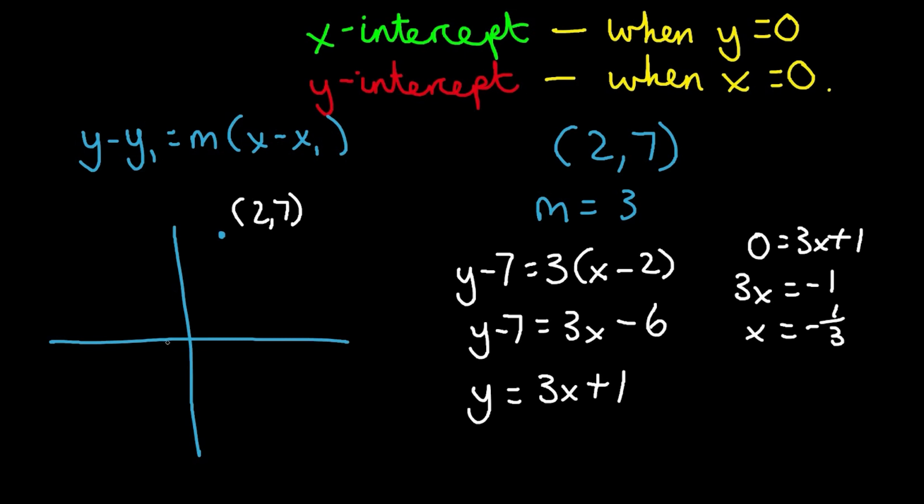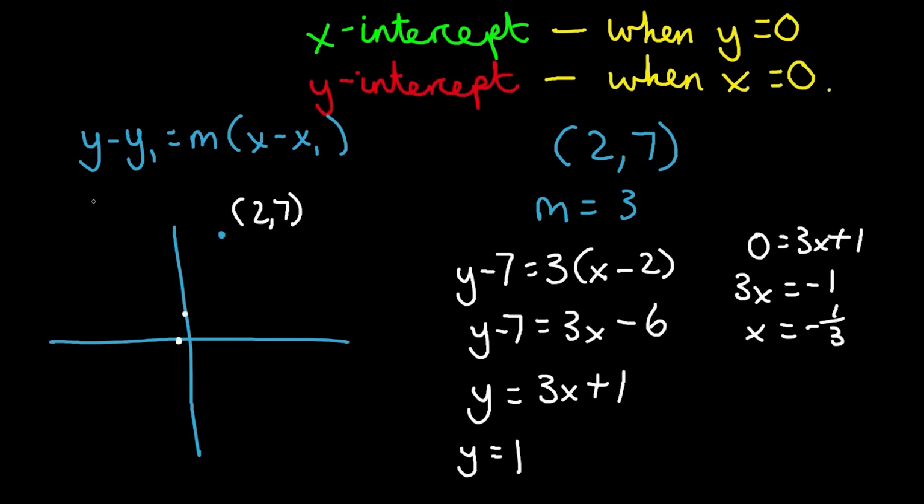It's about here. That's the x-intercept. So for the y-intercept, we set x to 0. So y is equal to 1, x is 0.